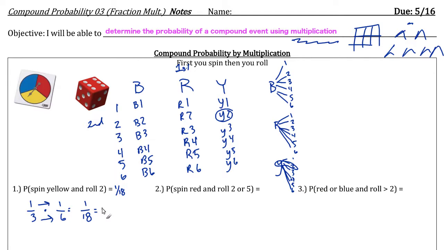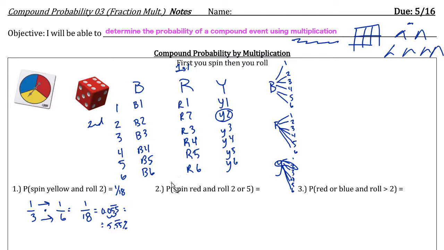That's half of 1/9, so 0.055 maybe. Let's find out. Yes, 0.055 repeating, which is 5.55 repeating percent.